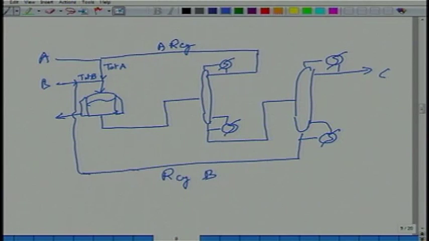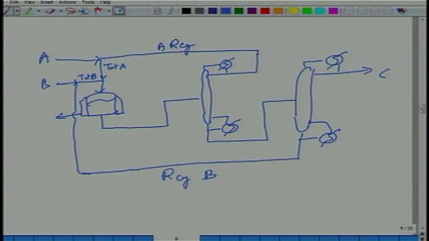Now tell me, what's the degree of freedom of this process? Steady state operating degrees of freedom. Alright, so this is the process. Its steady state operating degrees of freedom is 8. 2 for the fresh feeds, 2 for the reactor, 2 each for the 2 columns. So 4 plus 4, 8.